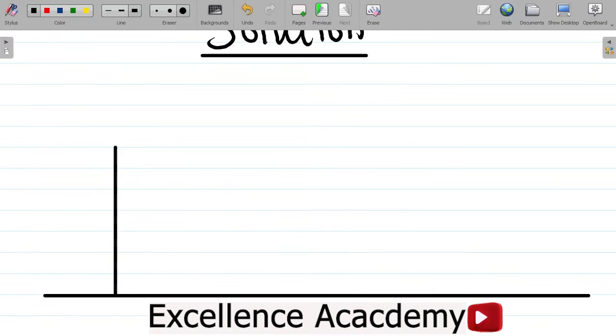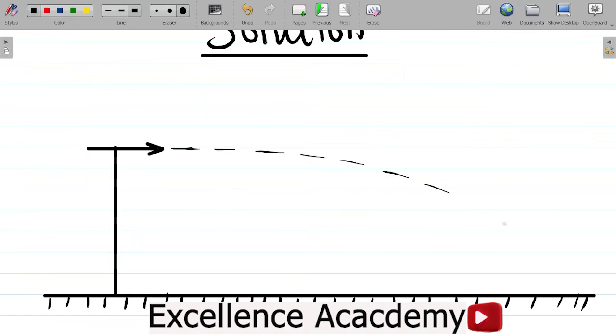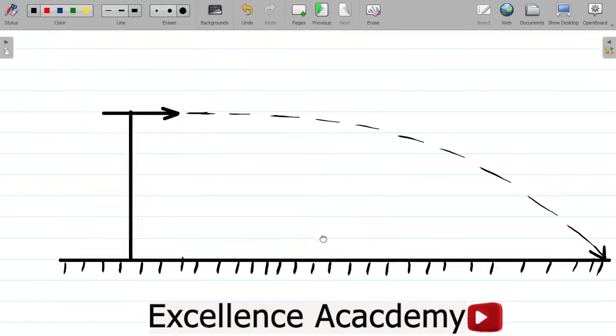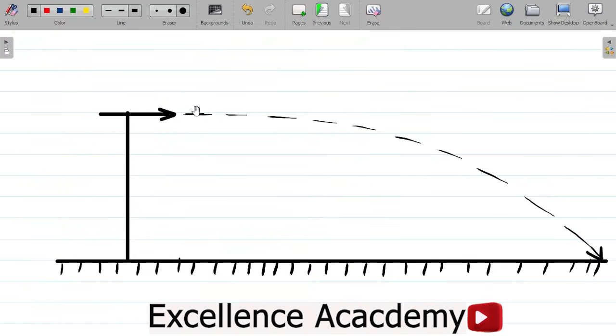So from here, this is the arrow being shot horizontally, and we trace it downward. It goes this way and downwards until it hits the ground, somewhere around here. So the arrow is shot horizontally, takes this trajectory, and goes down.